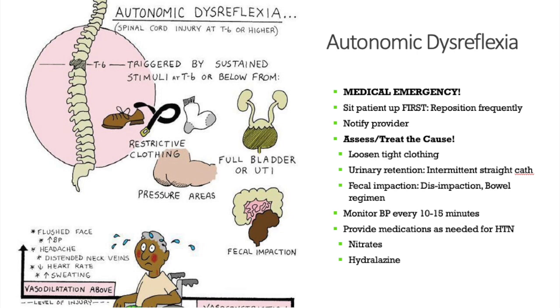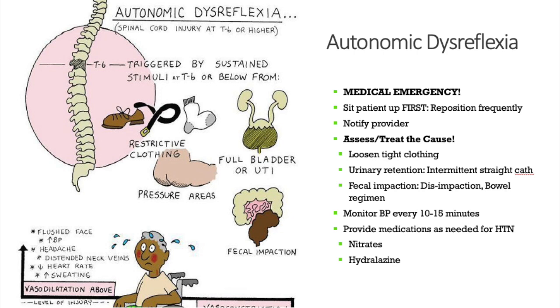We have vasodilation, facial flushing, okay? Because the rest and digest response is trying to get down to that bladder or to the impacted colon, or down to that area where we have to change positions because we're on that pressure point for too long. But it gets stopped at the level of injury.